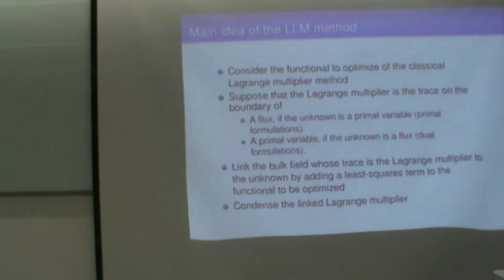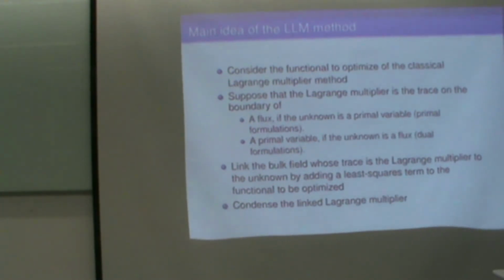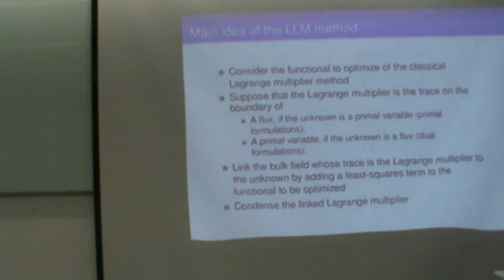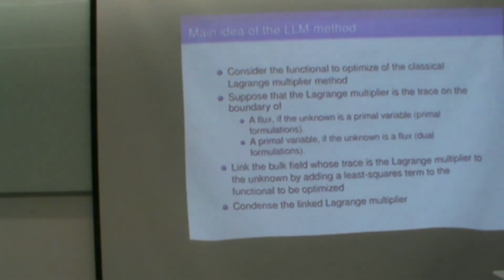That's obvious, because the Lagrange multiplier is always the dual of the original unknown. We suppose that, and then we prescribe this condition in a least squares sense. And then we link the bulk field, the main field, whose trace is the Lagrange multiplier, to the unknown.